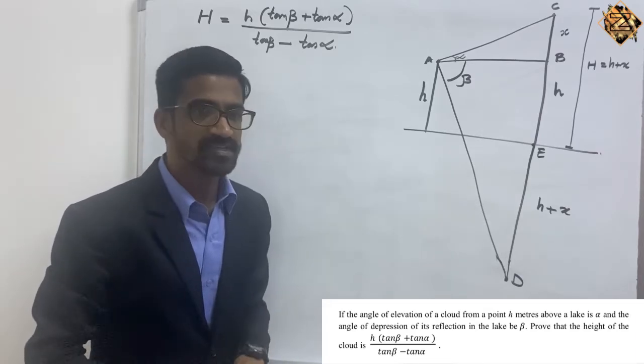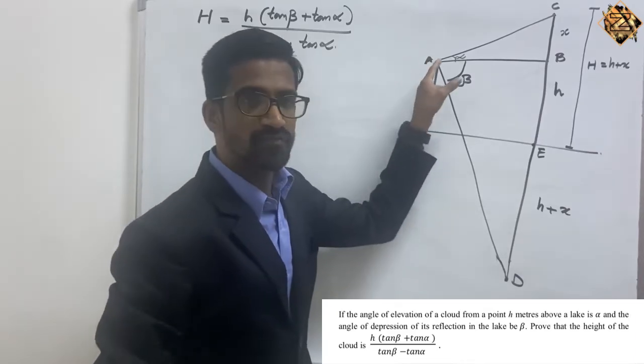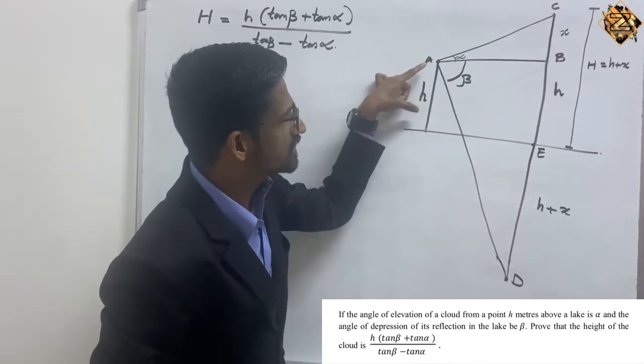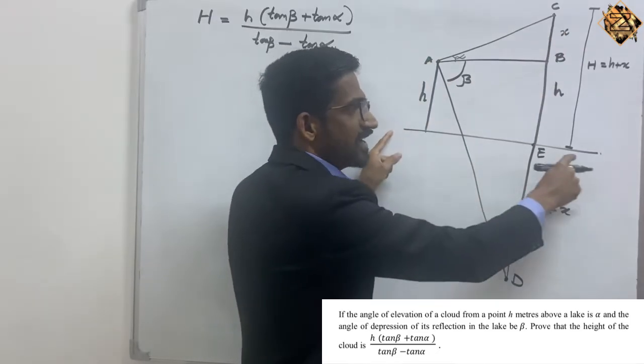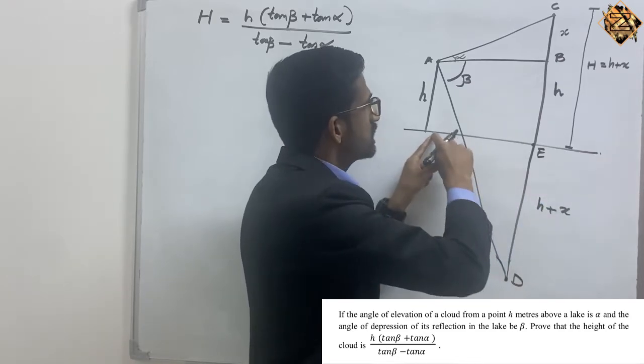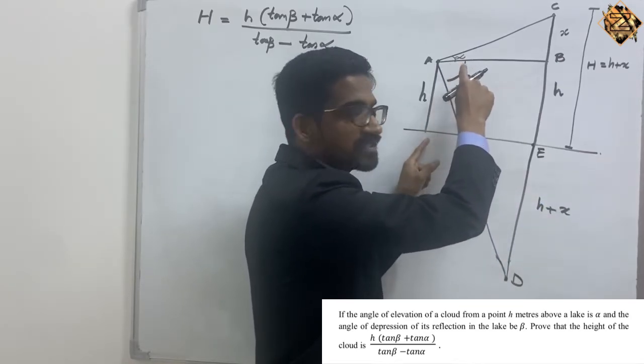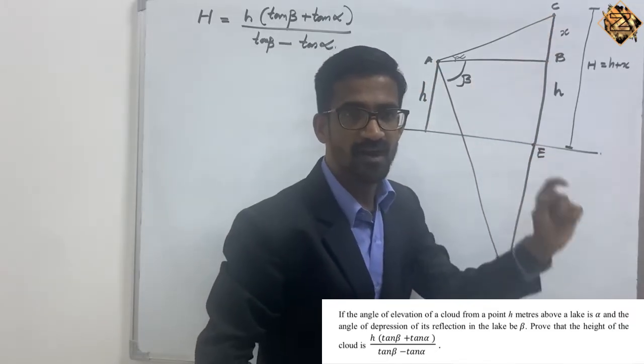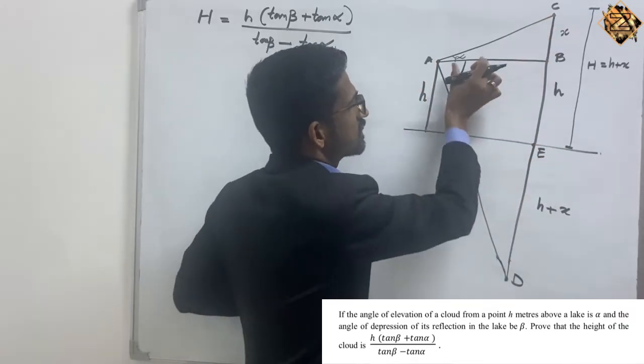I'll repeat the question once again. If the angle of elevation of a cloud from a point h meter above a lake. So we have taken a lake first, and h meter above the lake we have considered a point. From this point the angle of elevation of the cloud is alpha, and that is the angle we got here.